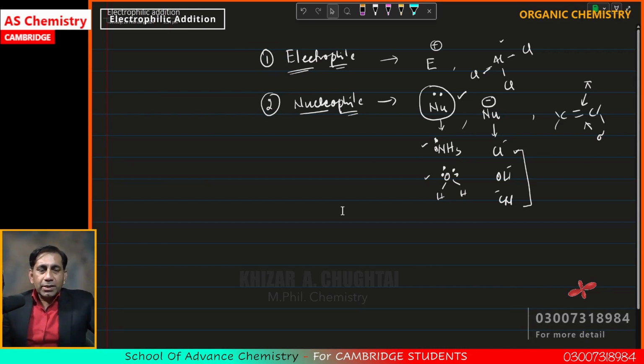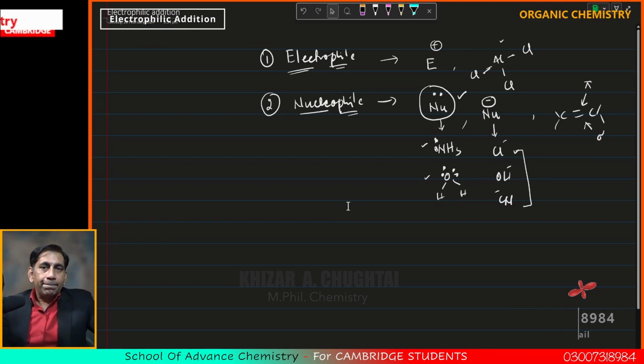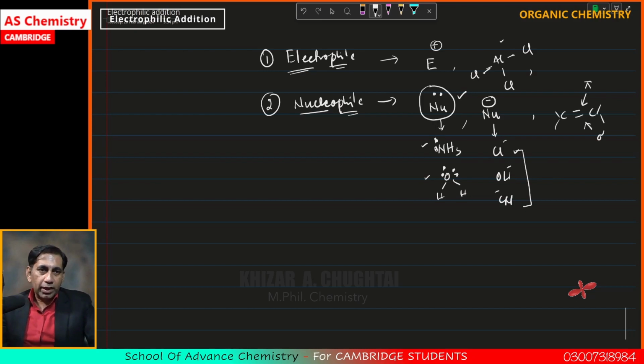Now the next thing is I'm going to explain electrophilic addition, and the specific electrophiles. One more thing, any partial positive charge species, like the H positive ion, is also said to be an electrophile.